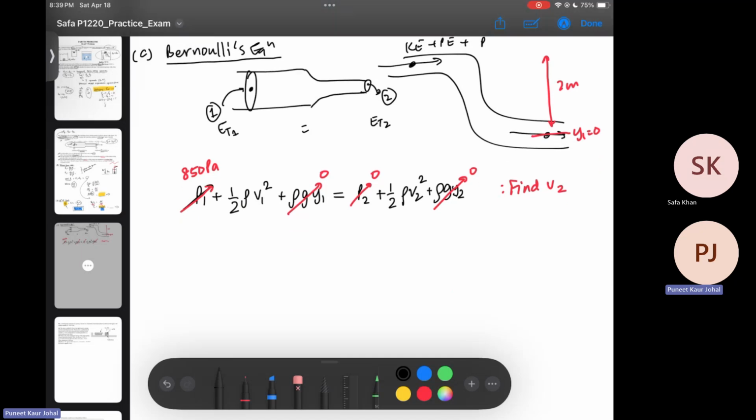It will look something like 850 pascals, or delta P. Some people could call it delta P as well. You can just move either delta P to the other side, or you could move this to this side, this to that side.